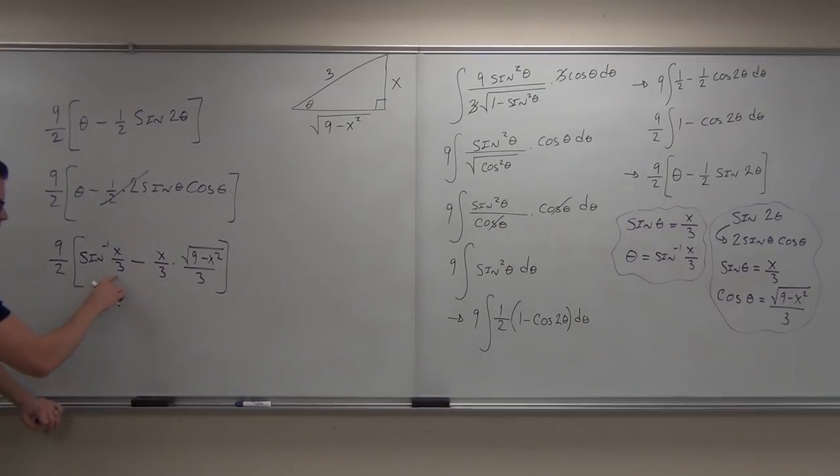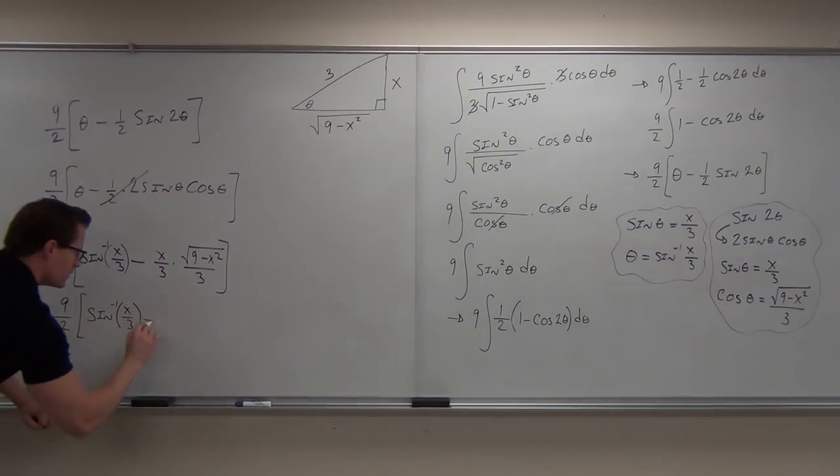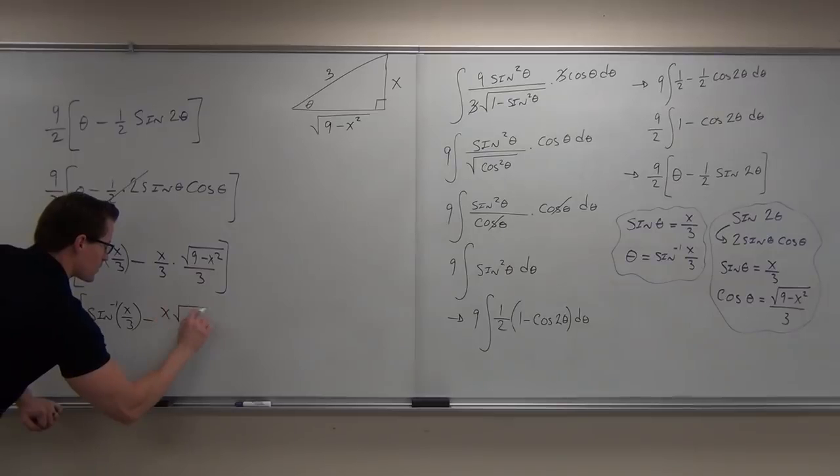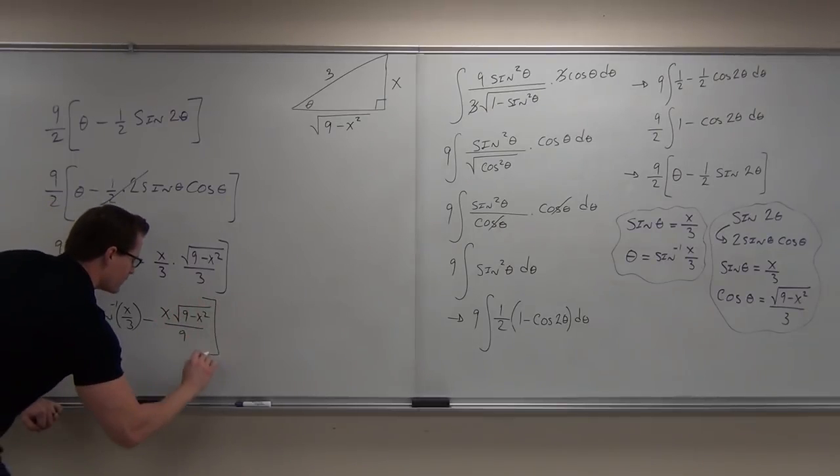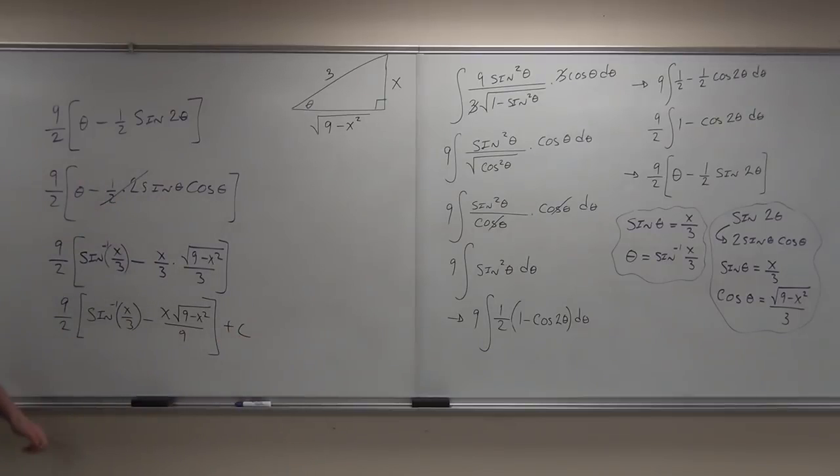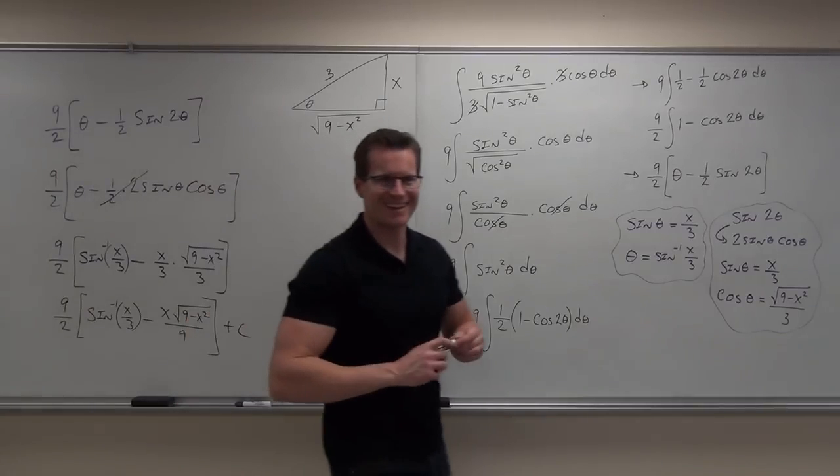You could factor out a 1/9, but don't do it with this 3 because that's part of your angle now. You can't change that. So 9 halves, we have sine inverse x over 3 minus x times the square root of 9 minus x squared over 9, and then finally plus C. Oh my goodness. Yay!